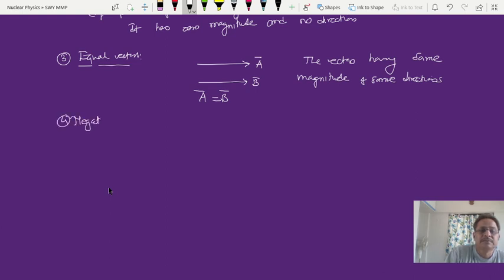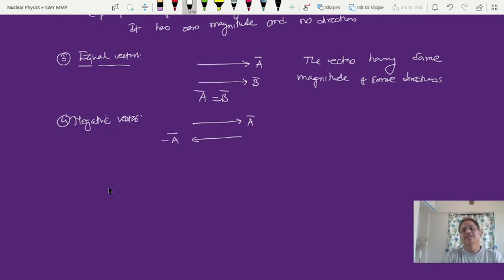Then fourth is negative vectors. This is vector A bar, and if another vector is drawn exactly of the same length but in the opposite direction, it is called minus A bar.